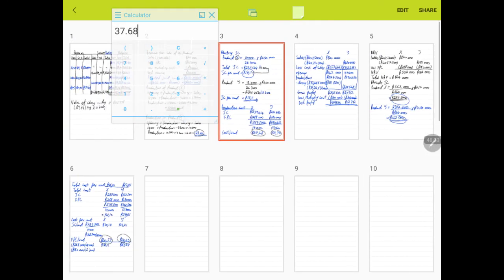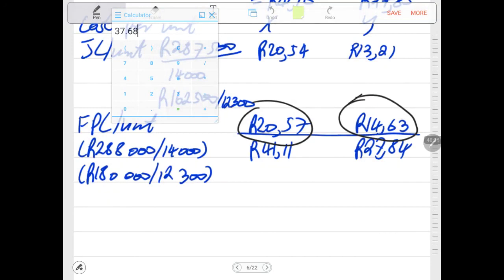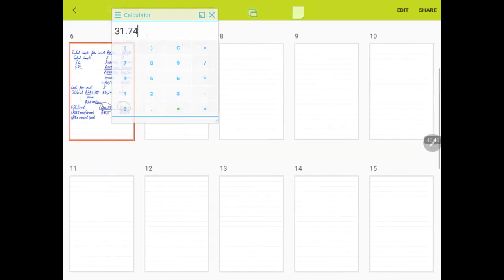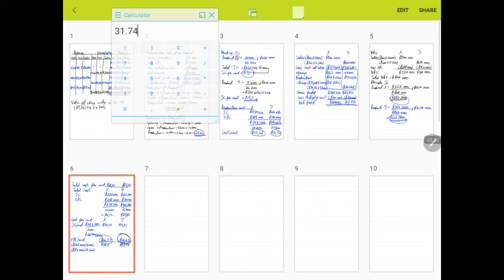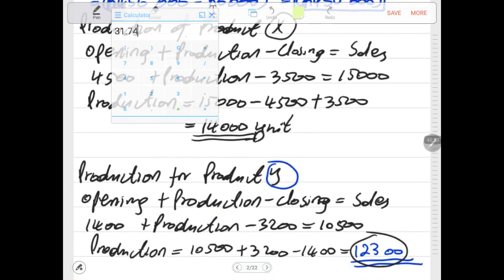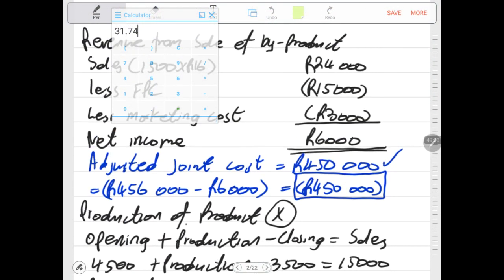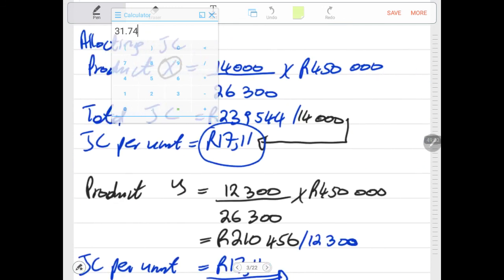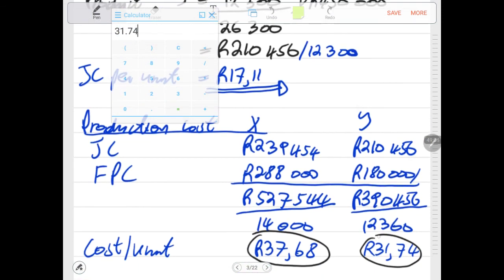Our further processing cost per unit is 14 rand 63 cents, which doesn't change. 14.63 plus 17.11, we get to 31.74. It's the same cost of 31.74 that we calculated in the first calculation, where the cost per unit was 31 rand. Just checking that one, 31.74.